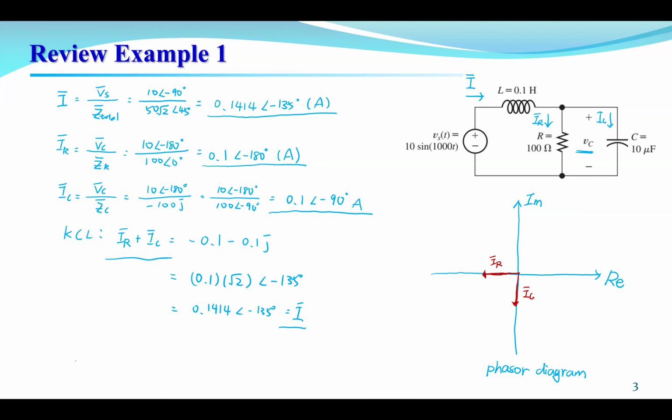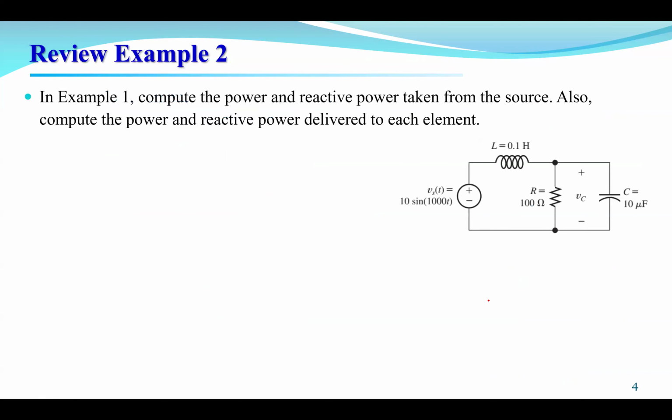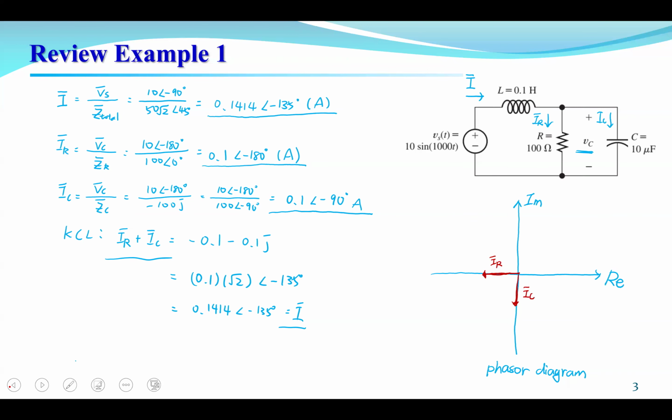And I is IR plus IC, right? So if we draw I, we have 0.1414, which is this. Let me use this color.